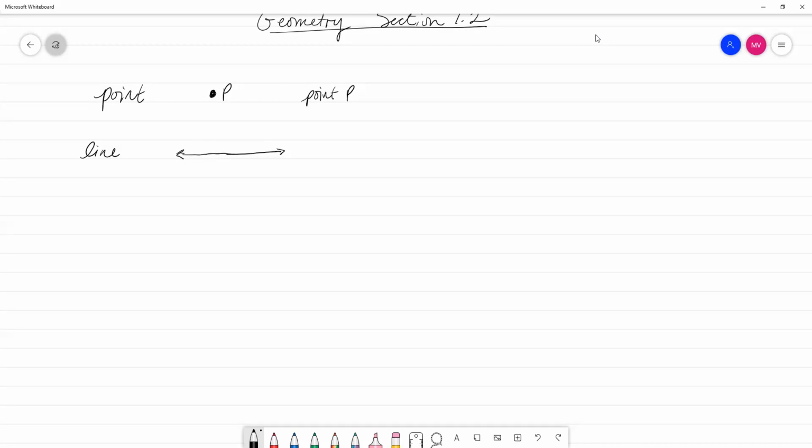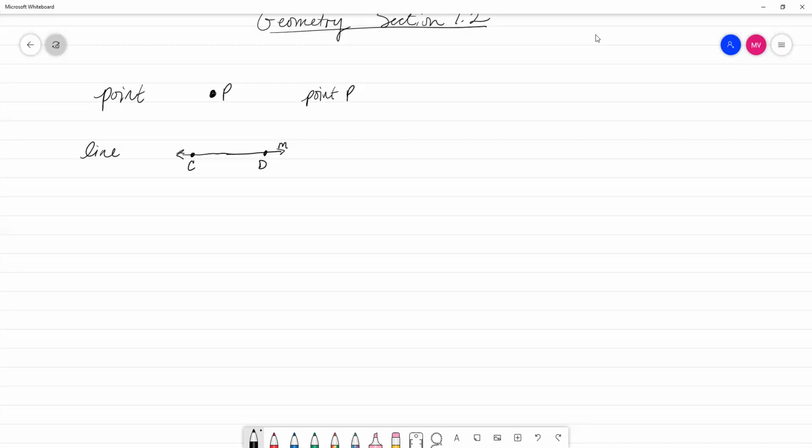So we represent that obviously with a line, and a line will always have a minimum of 2 points. And the example they've given you is C and D. And then they've labeled the line with a lowercase m.